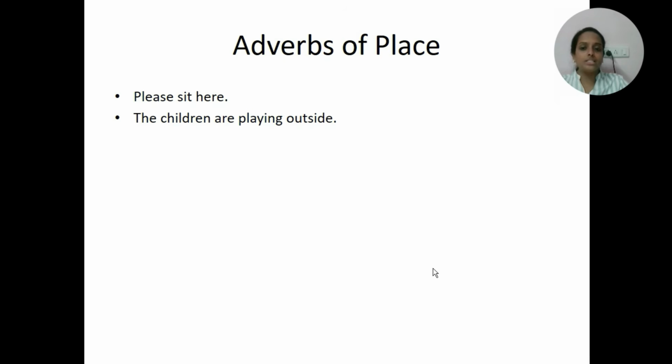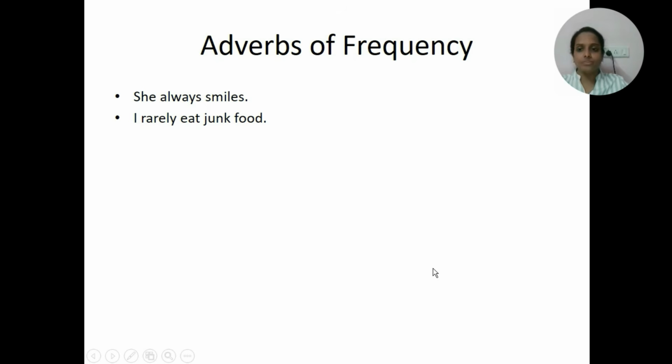And the next one is adverbs of frequency. So these adverbs tell us how often something happens, the frequency, okay? Example, she always smiles. Now, the question for this is how often does she smile, right? So here, you're answering the frequency: always.